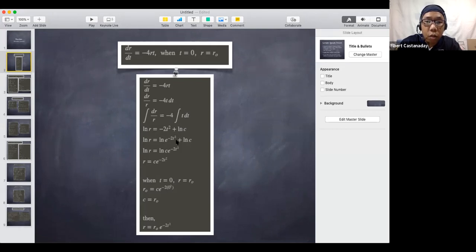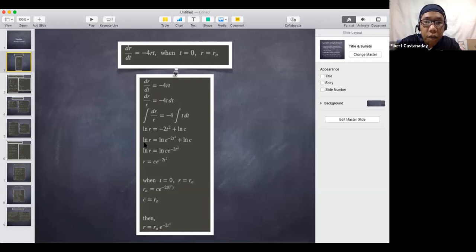Now we can see that this first term is represented by ln also here. And ln of e raised to -2t squared is equal to -2t squared. This is another way of writing or simplifying this term.